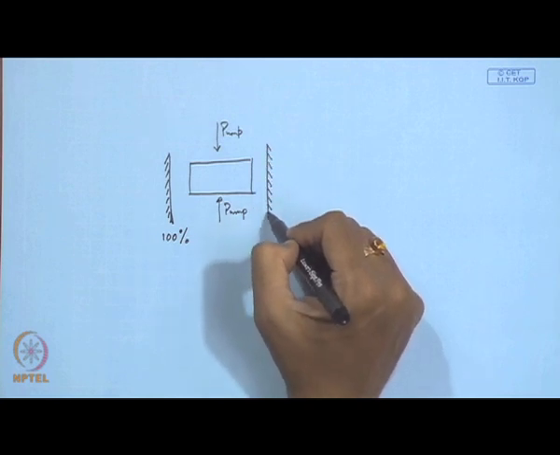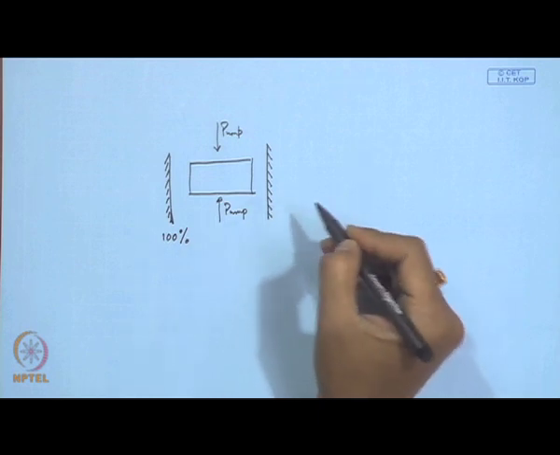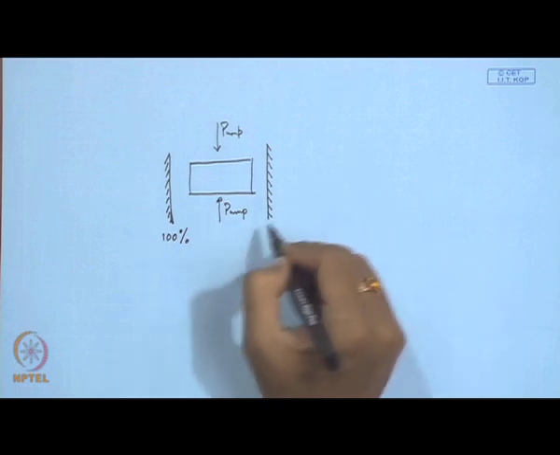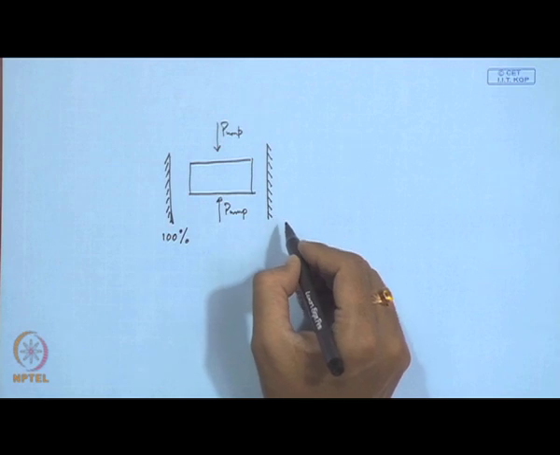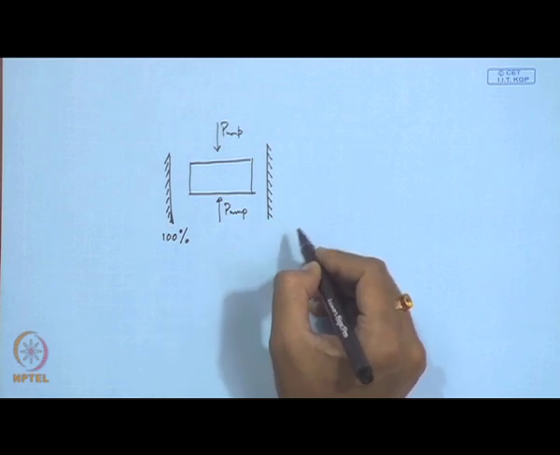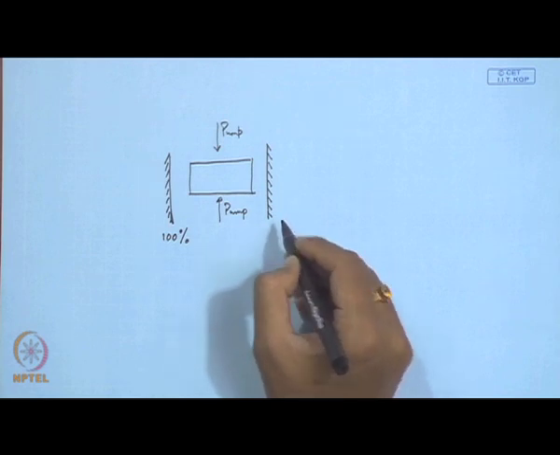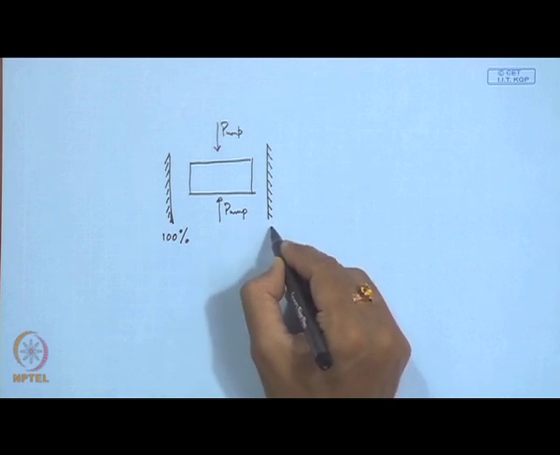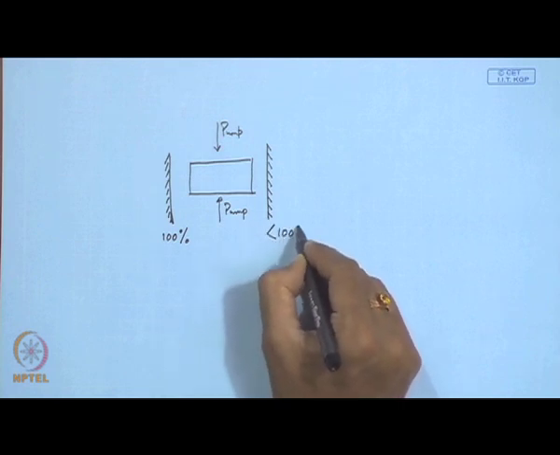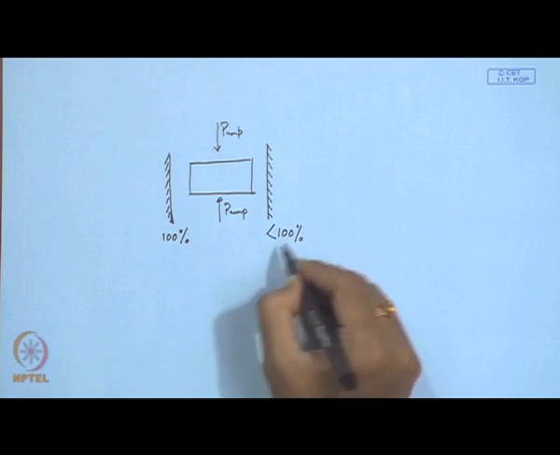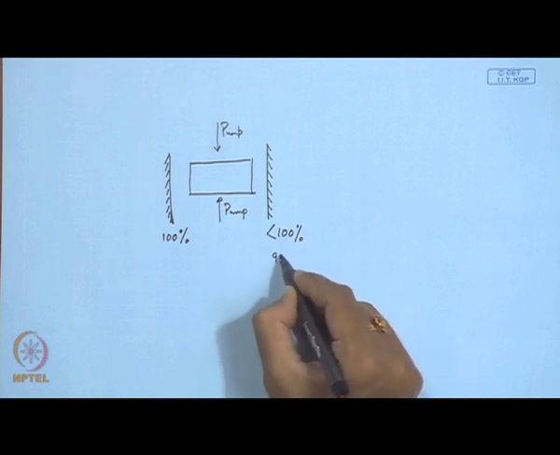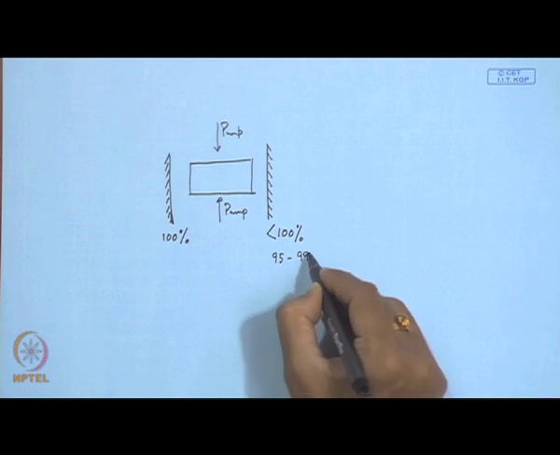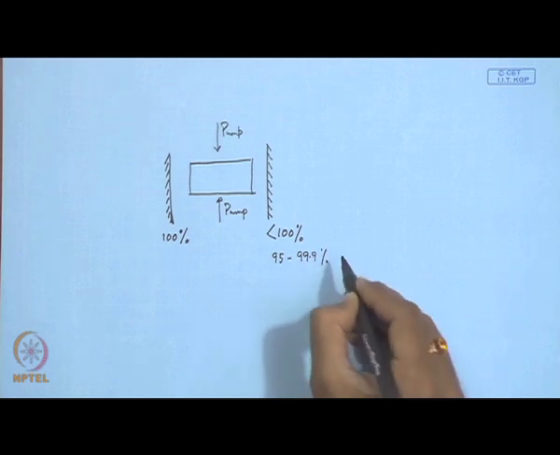And there is another mirror, it is called the partially transmitting mirror. So, it will be less than 100% reflecting, maybe say 95 to 99.9%.